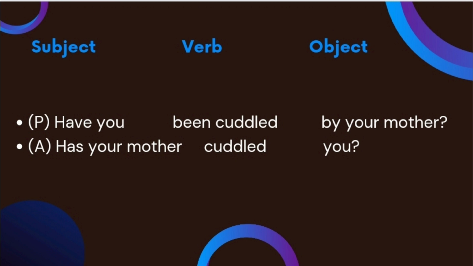Your mother means singular, that's why has. Has your mother cuddled, past participle form, cuddled you? You is used in the place of subject. In case of active voice, it will come in the place of object. So the answer is, has your mother cuddled you?